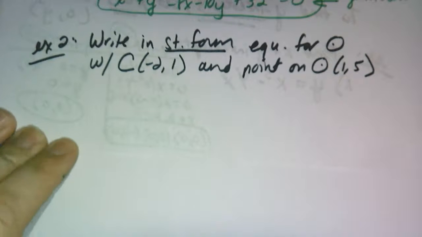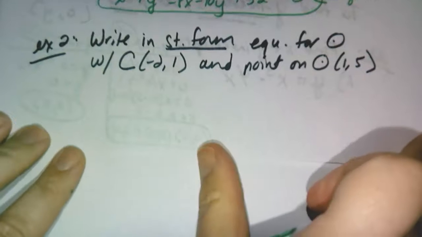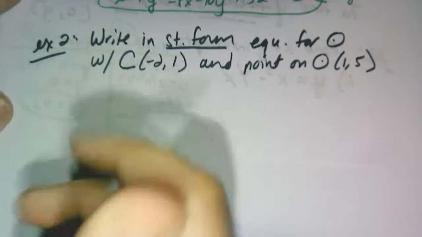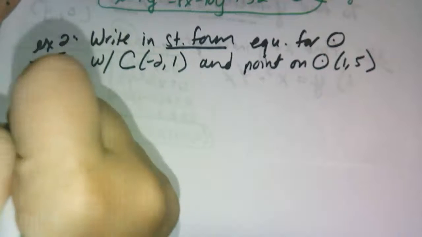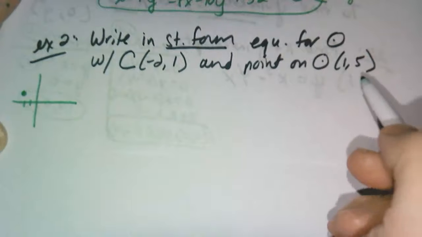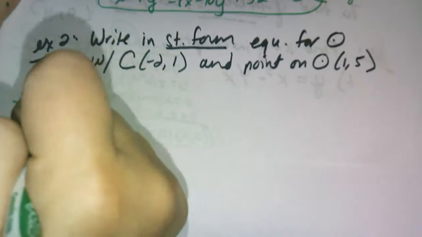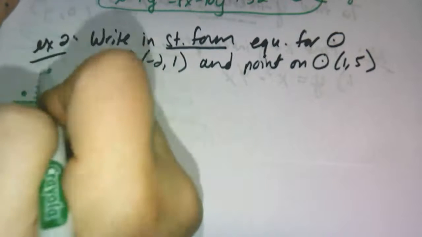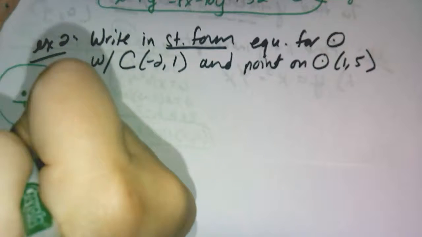Let me show you why. What are you missing? The radius. So here's what I've given you. The center is at -2, 1 right here. And a point on the circle is at 1, 5. So your circle is like this.